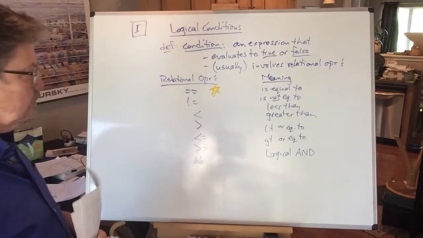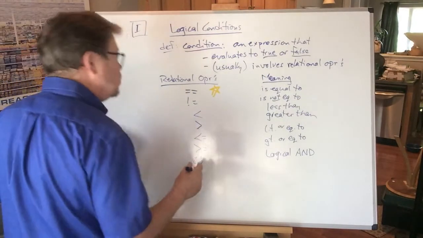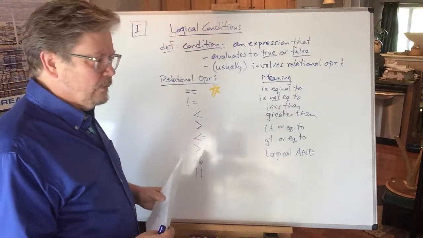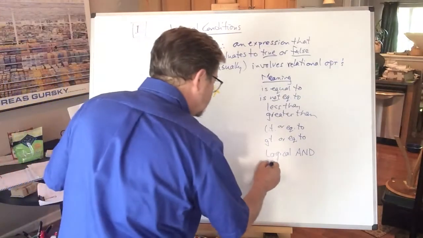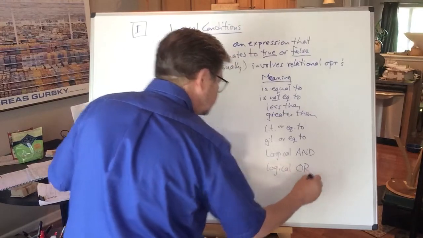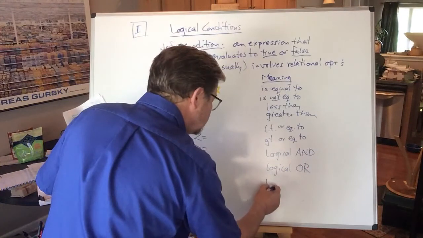Two vertical bars, which are on the upper right of the keyboard, mean logical or. And the exclamation point all by itself is logical not.